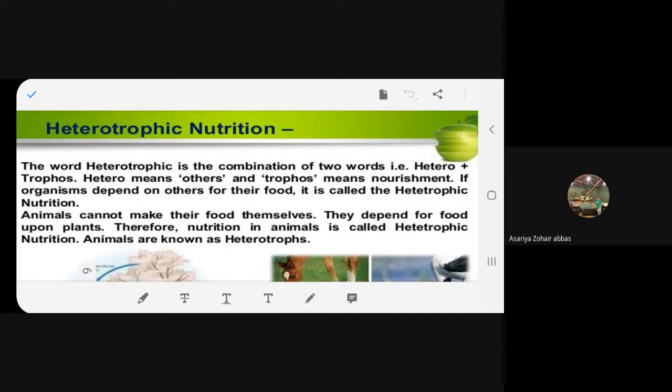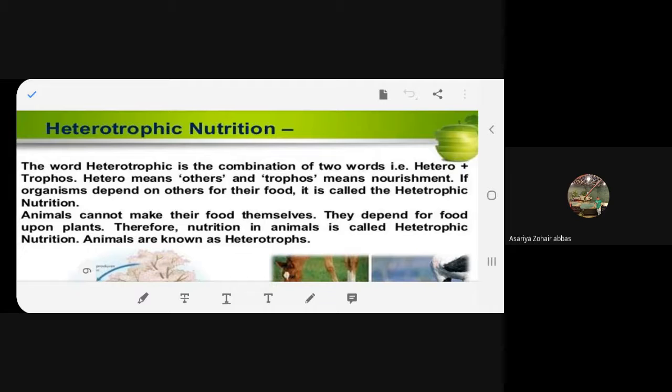Hetero means others and tropos means nourishment. If organisms depend on others for their food, it is called heterotrophic nutrition.